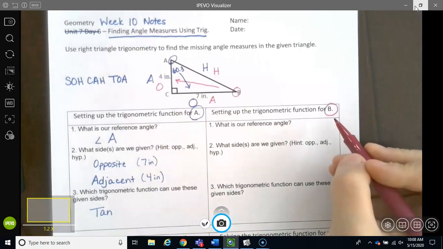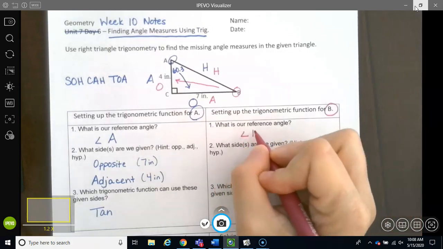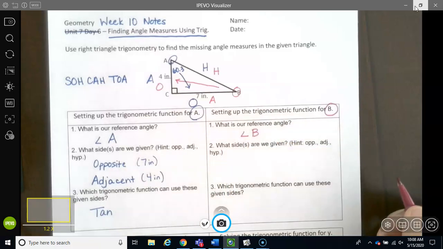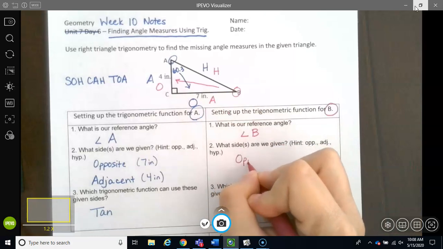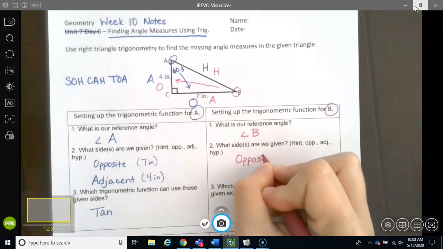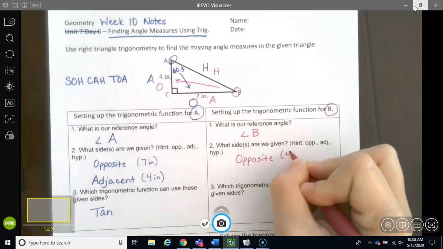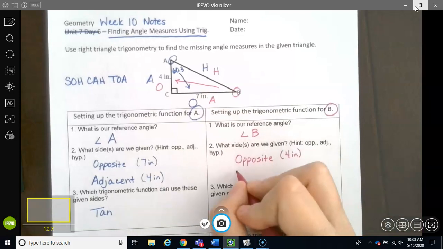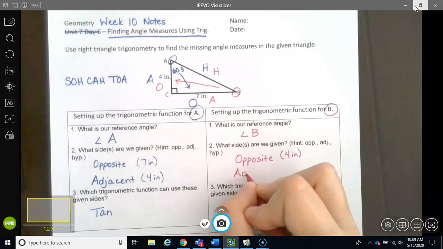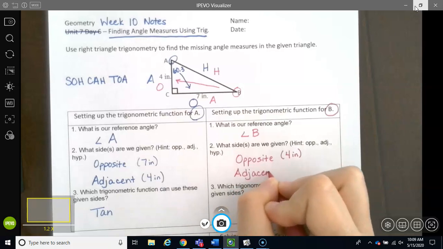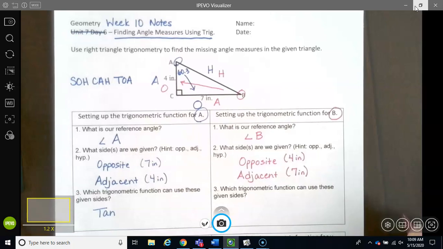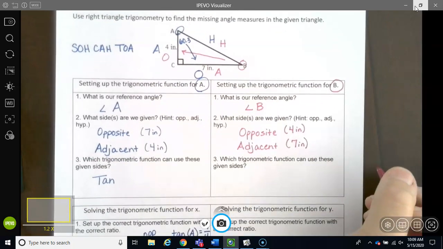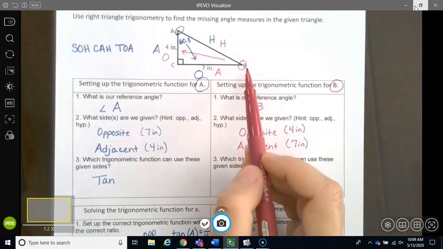Our reference angle is the angle we're trying to find, angle B. We're still given the opposite side, but this time our opposite side is the 4-inch side. And we're still given our adjacent side, but this time the adjacent side is the 7-inch side, because it's all dependent upon the reference angle.